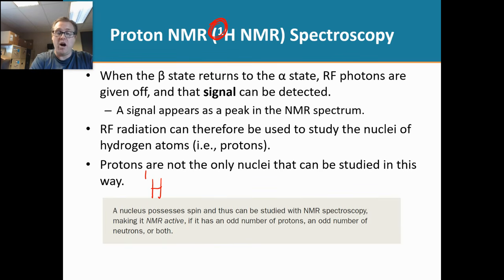Another very common nuclei that we look at in an NMR instrument is carbon-13. Those are two very common nuclei that organic chemists look at in an NMR experiment. Another one that is gaining momentum in the field is fluorine NMR. But not all atoms or not all nuclei are NMR active. That's really, really important to understand.